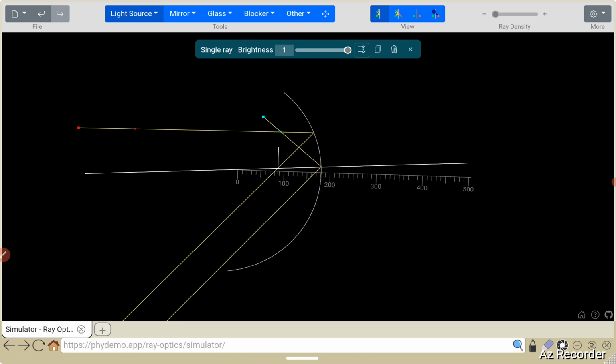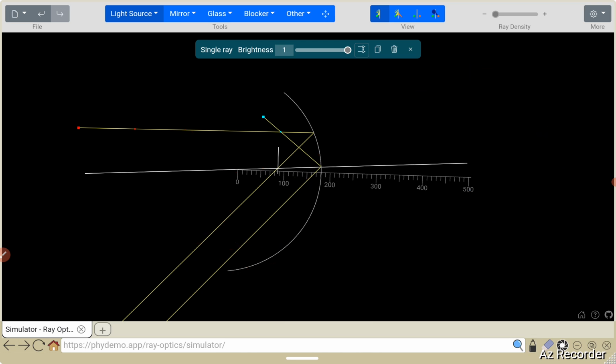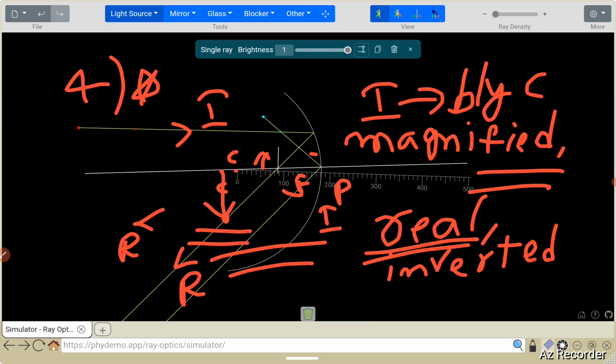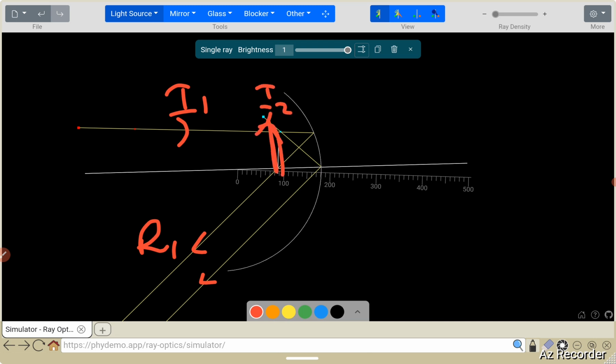See here, the light rays, you can see them as parallel. You can see them as parallel, the reflected rays. R1, this is I1, right? This is R1. This is I2. So because we have the object here, and this is R2. Understood? R1 and R2 are parallel.